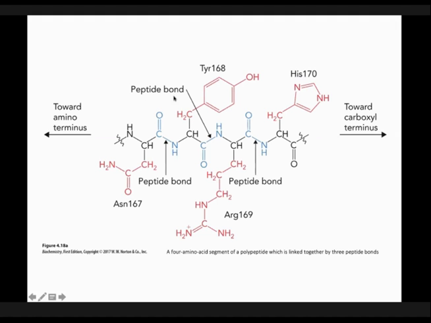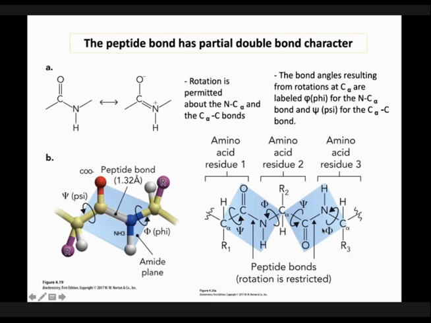You should recognize how the peptide bond looks here. Here's 1, 2, 3. If you have 3 peptide bonds, that means you will have 1, 2, 3, 4 amino acids, right? Okay.